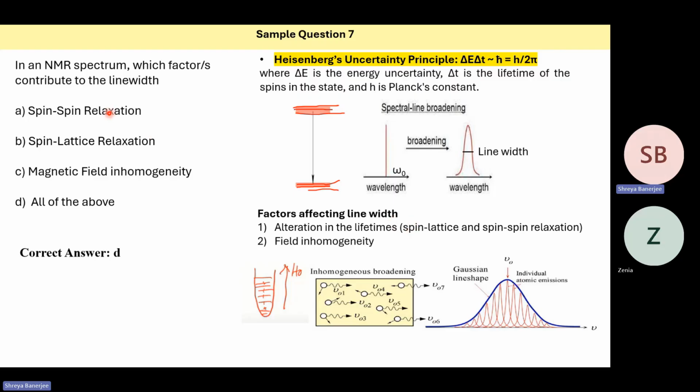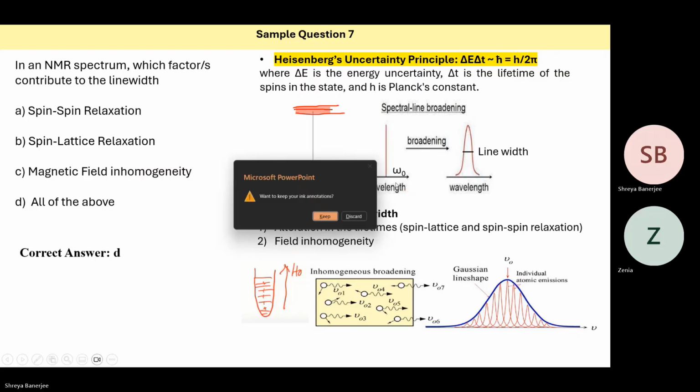So both by spin-spin relaxation and spin lattice relaxation, the lifetime in a particular state, that is delta T, is altered. If delta T is altered, in order to maintain the product as constant, delta E must also be altered. And if delta E is altered, then the spectral line will broaden even more. So all of the above contribute to this spectral line broadening.